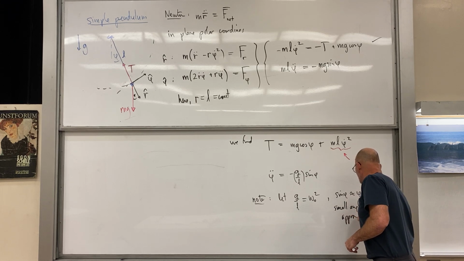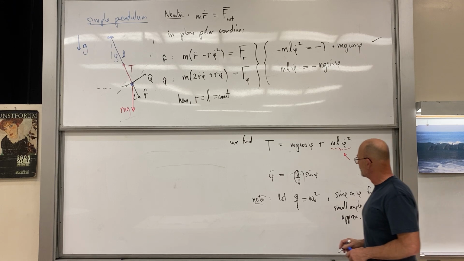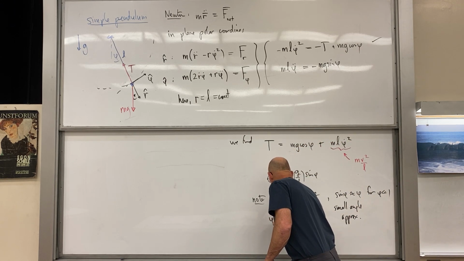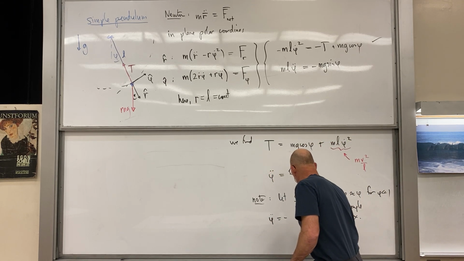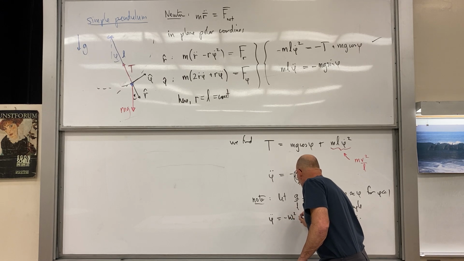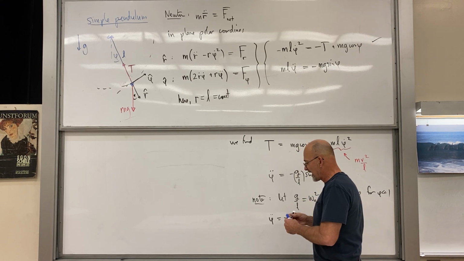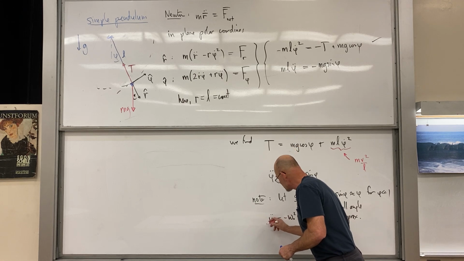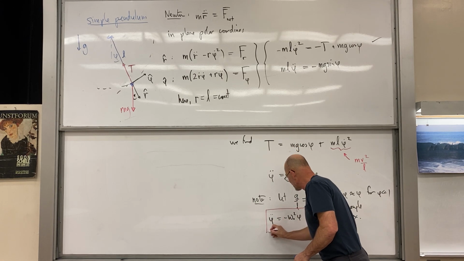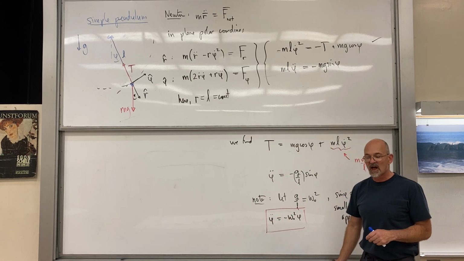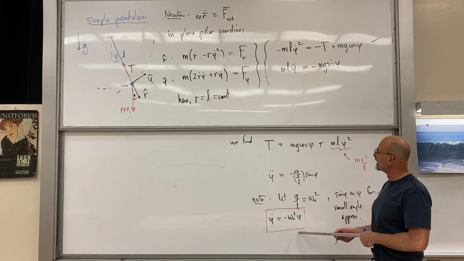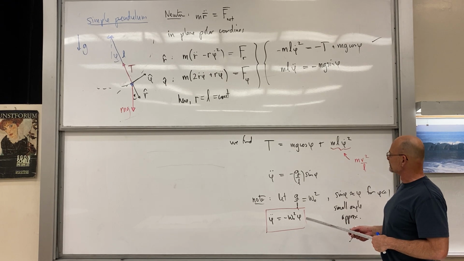And having said that, we have phi double dot equals minus omega naught squared phi. That is the equation of the harmonic oscillator. Works for a pendulum. We'll have a lot of opportunity to study this. I just wanted to set that up.